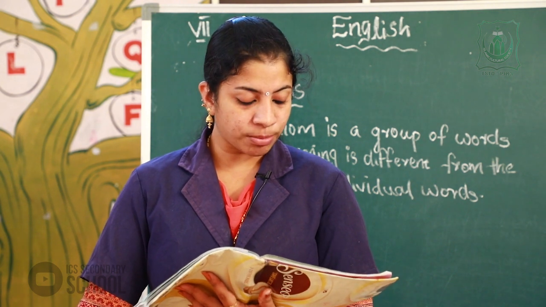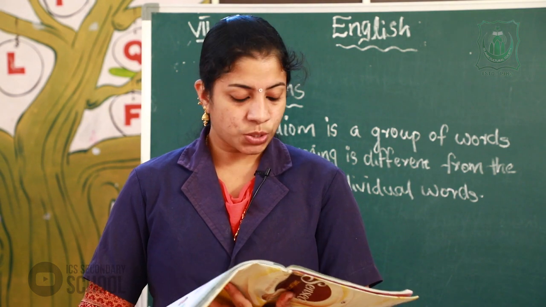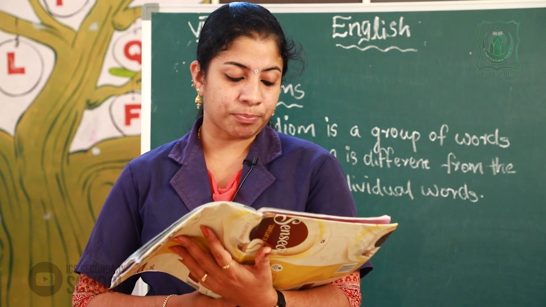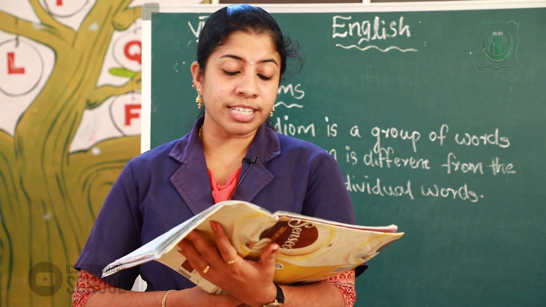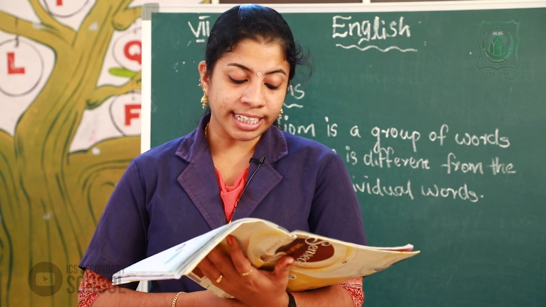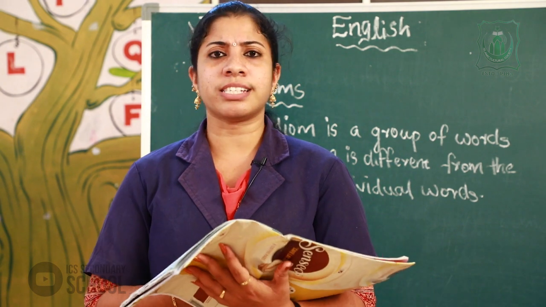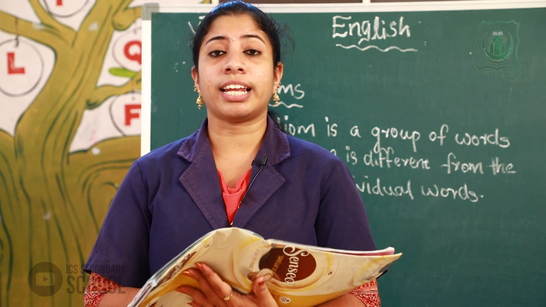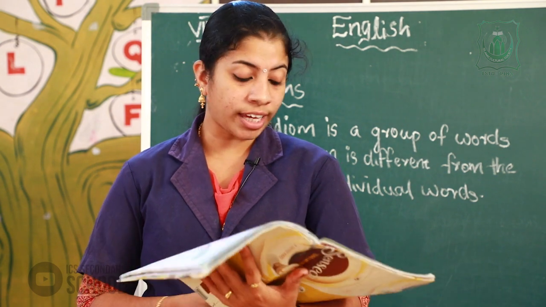Here, column A has idioms and column B has the meanings of those. So please find out that meaning. Pros and cons. A feather in one's cap. Keep one's word. Let the cat out of the bag. These are the 4 questions and 4 answers here. First one I will tell, and the other 3 you should find out the answers and match them. Okay.